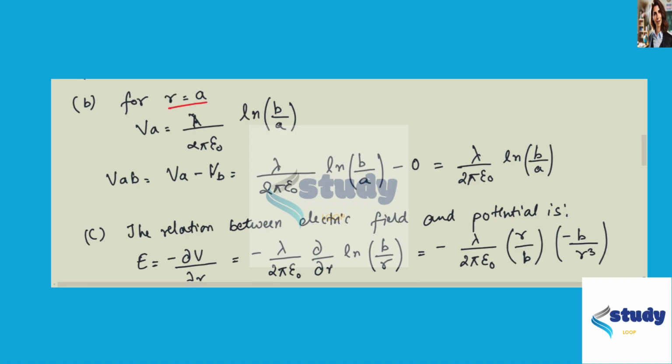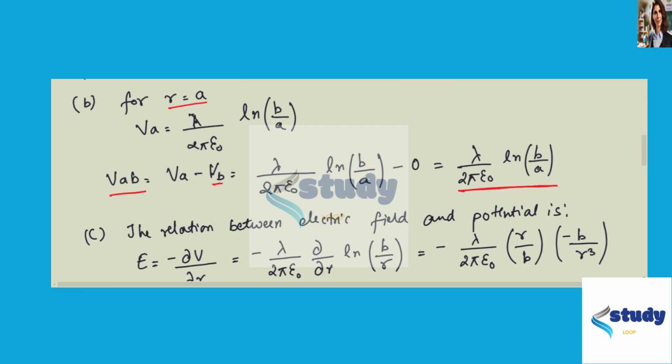So this becomes V_a equals lambda by 2 pi epsilon naught ln b by a. Similarly, we know V_b equals 0. When we solve it, we get V_ab equals lambda by 2 pi epsilon naught ln b by a.